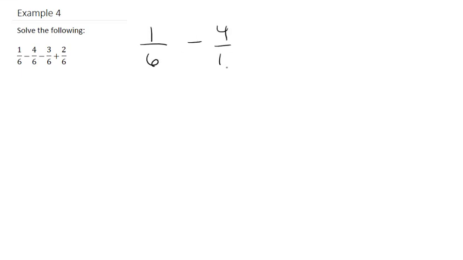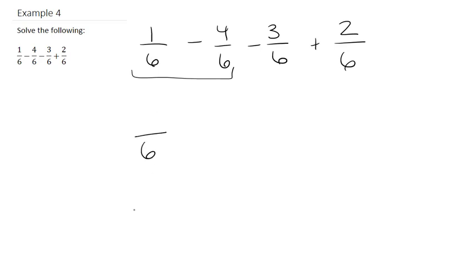I think we'll just move left to right. So the first thing we're going to do is address the first two numbers. So we have 1/6 minus 4/6. Well, we have the same denominator for all of them, so we can go ahead and move forward.